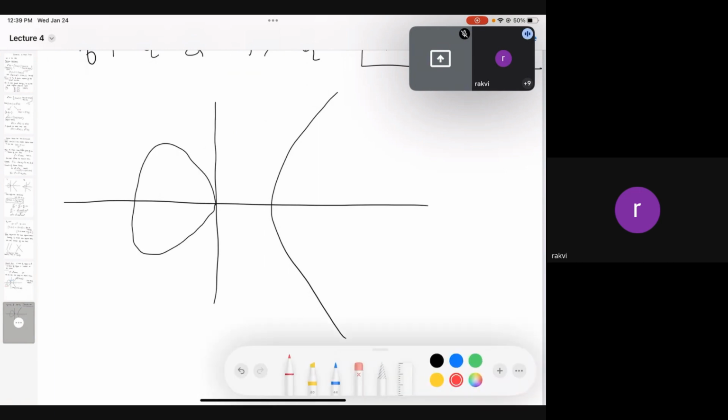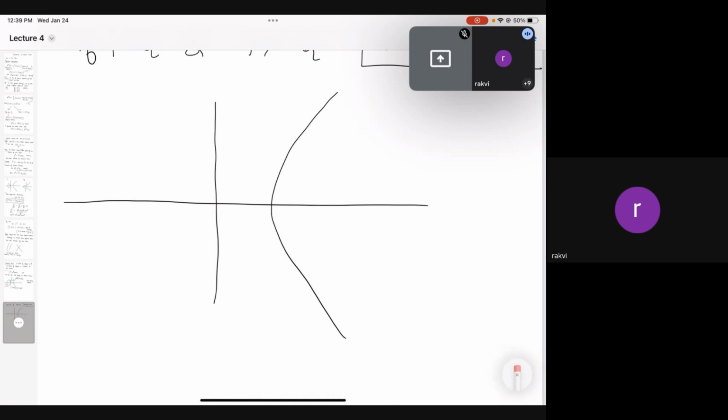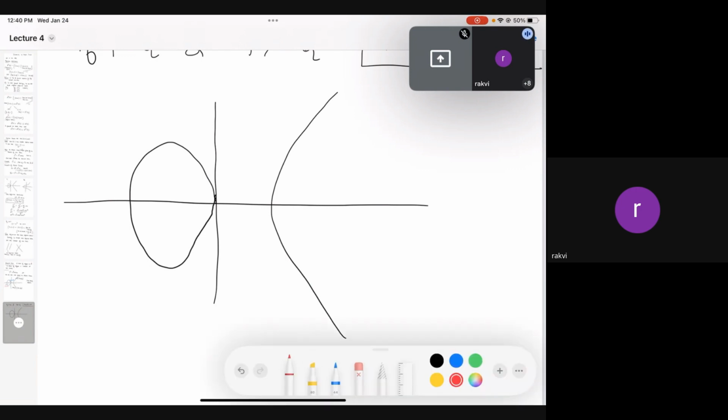So this was my P. For picture's sake, let me just place my point here because I want to draw nice pictures.